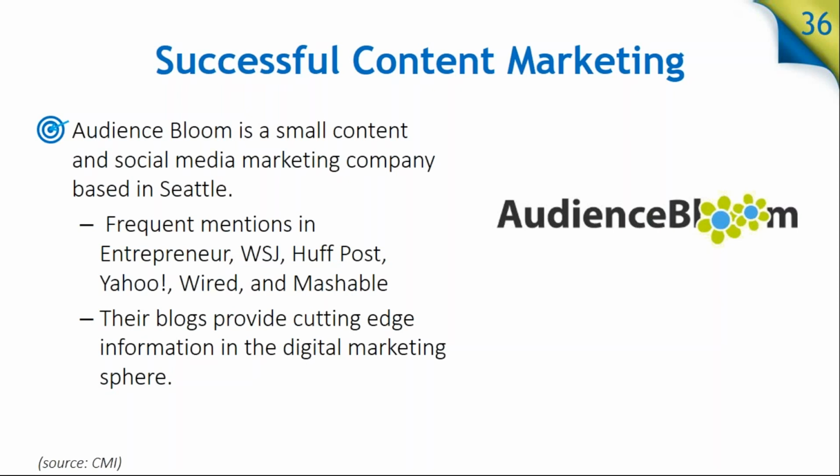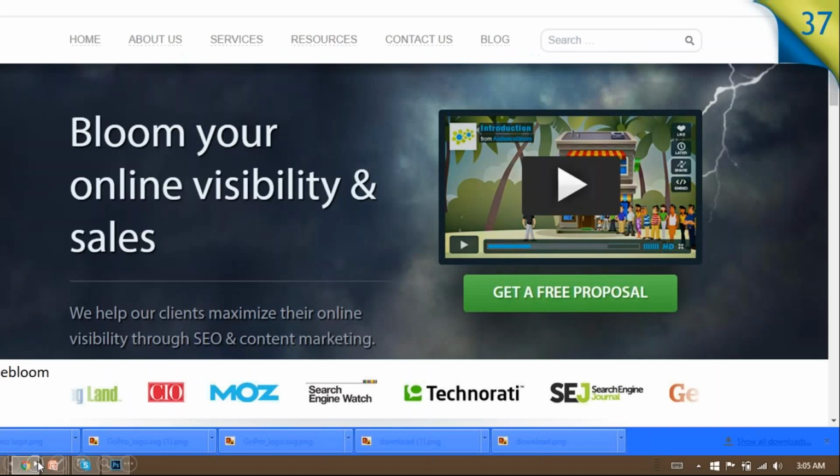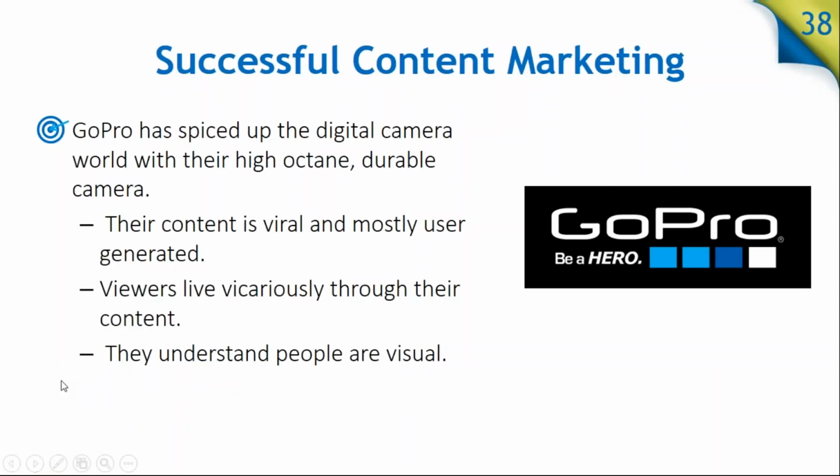So, you know, you really should look at Audience Bloom and go, why is their content getting attention in this space that's very crowded? So it's a really great example, and you can see their website here, and they have also showing here at the bottom all these great sites that are always mentioning them. They use video, they use a mixture of entertainment and education, and it's great.